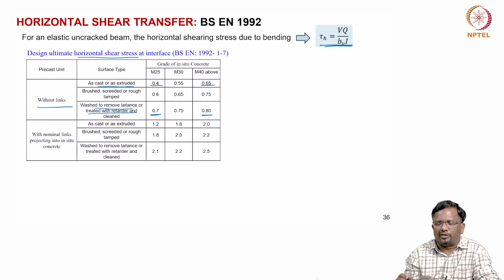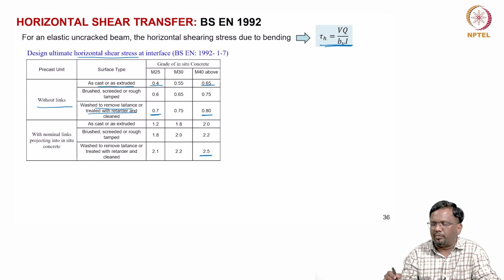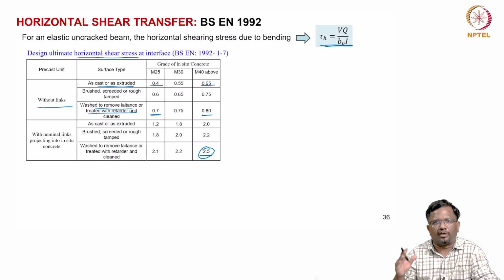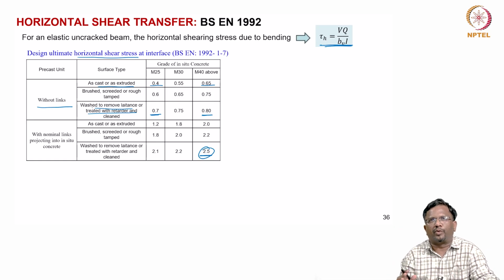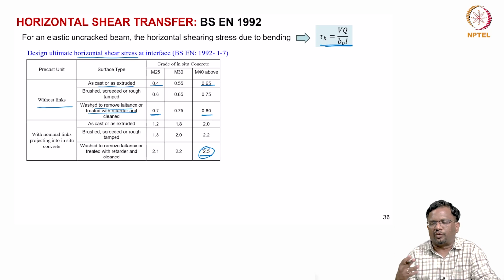For the same three conditions, when you provide links, the horizontal shear stress you can transfer becomes higher. For example, without links for M40 in the first case it is 0.8, but the moment I provide some nominal links, my limit of 0.8 becomes 2.5, a higher limit. So, the more vertical stirrups we provide, the higher the horizontal shear stress permitted by the code.